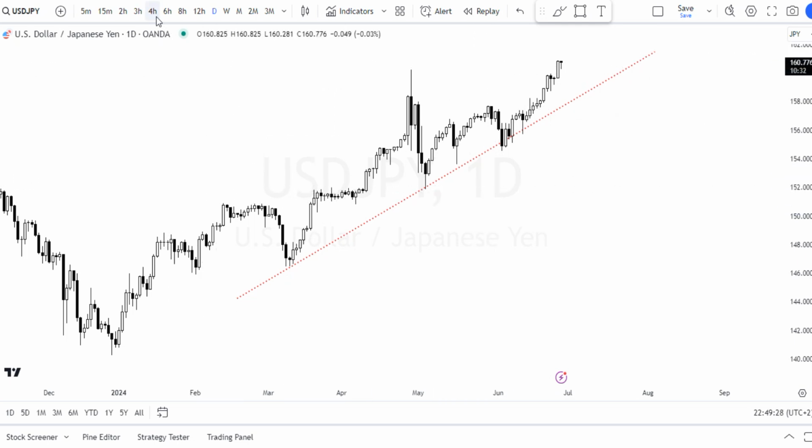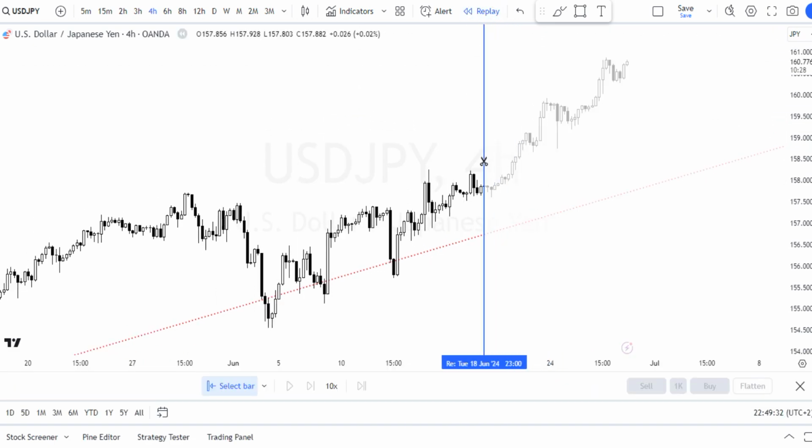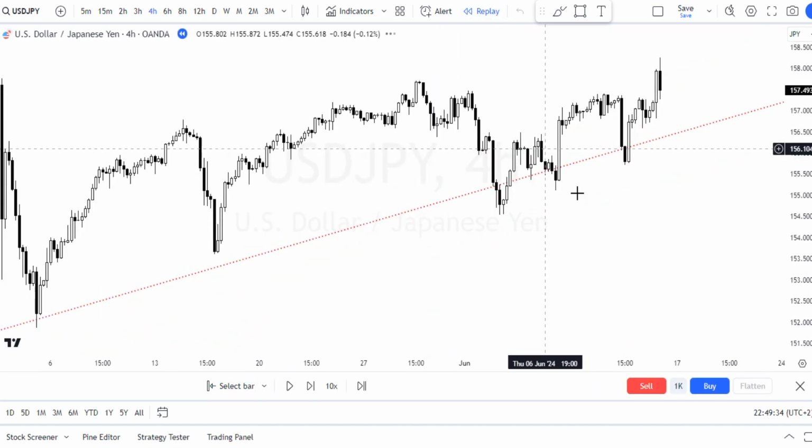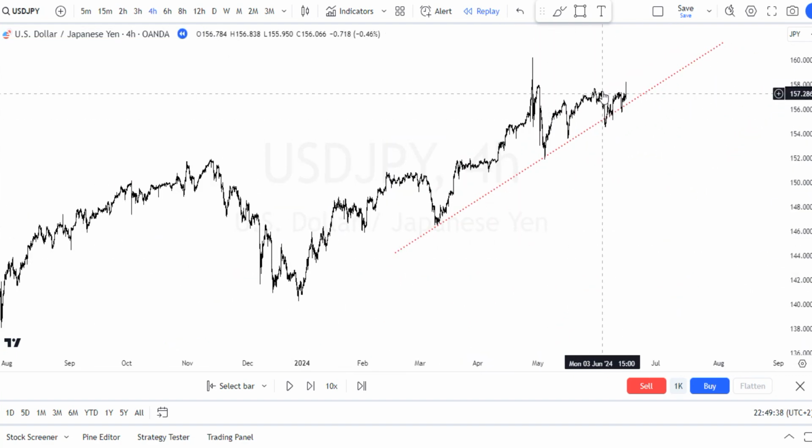So what I did, I went to the 4-hour chart, and even though in the 4-hour chart the market made a major pullback right here, after that pullback price just kept going up.